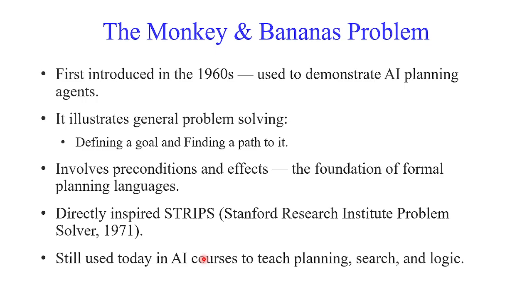It illustrates two important things here. One is defining the goal, and the other is finding the path. Defining a goal means what does success actually look like? Finding a path means what sequence of actions gets us there.